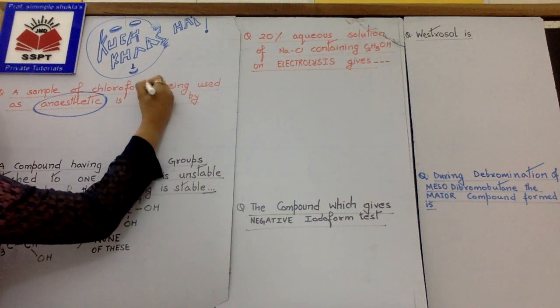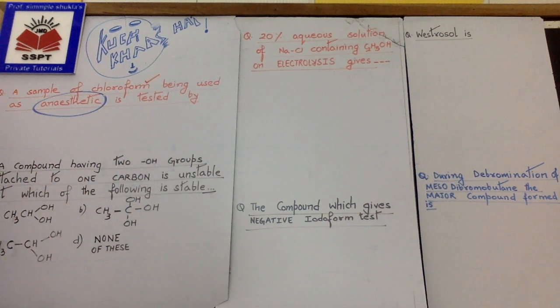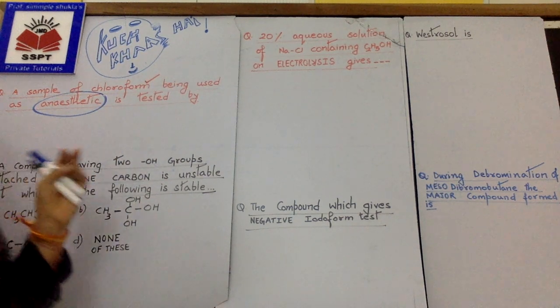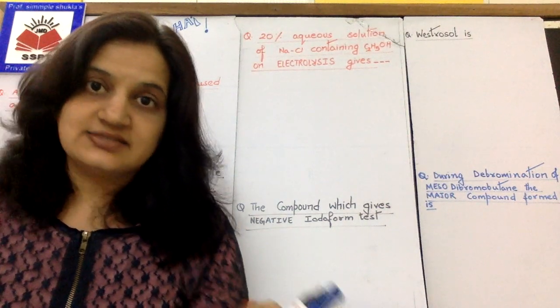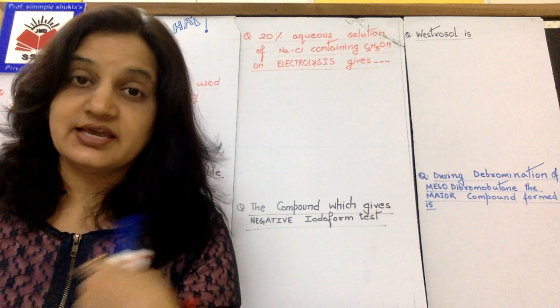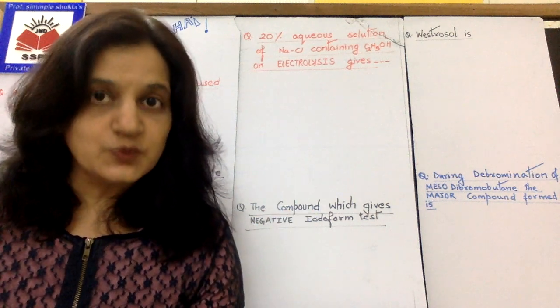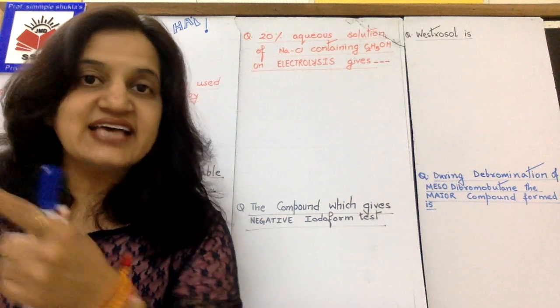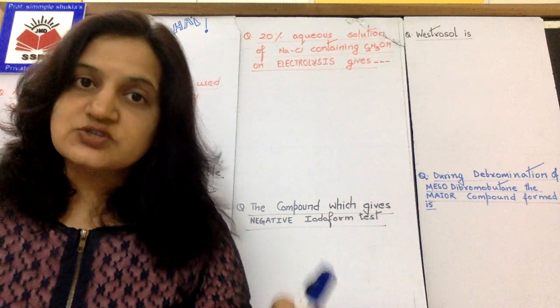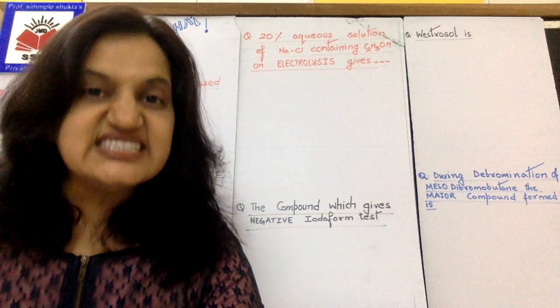Whenever this chloroform comes in contact with oxygen in air and it is exposed to sunlight, it gets oxidized to carbonyl chloride gas, also called phosgene.